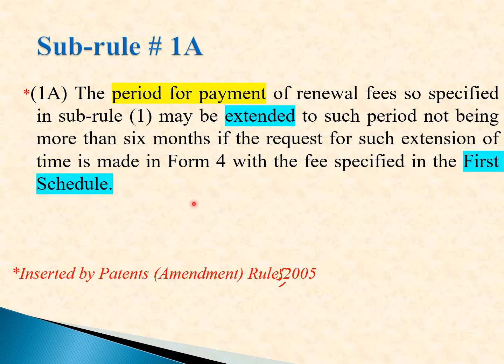That means we can say that the period for payment of renewal fees, which we have already discussed in subrule 1, may be extended. It can be extended to a period but not more than 6 months. That means an extension of 6 months is allowed.